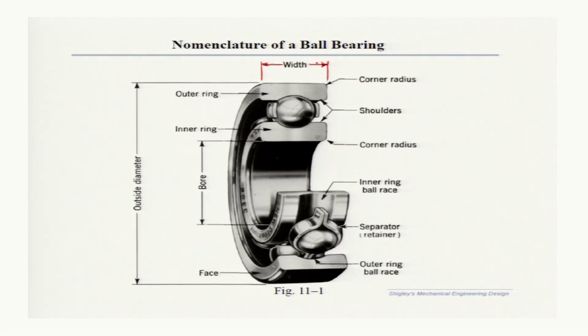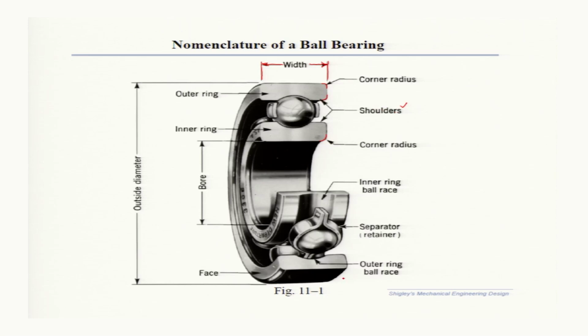This is the width of the bearing. Then corner radiuses are there. The races have some corner fillet like this. So, this is the corner radius, and these are the shoulders.